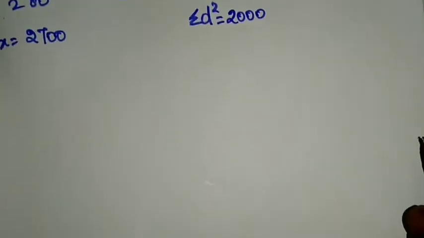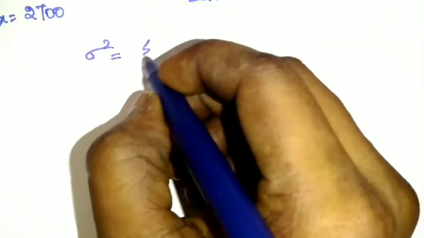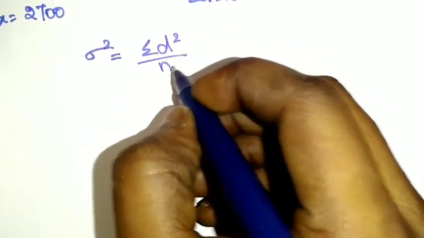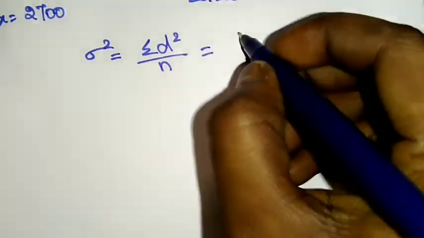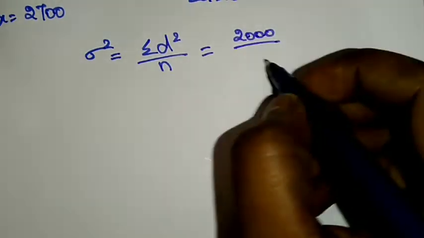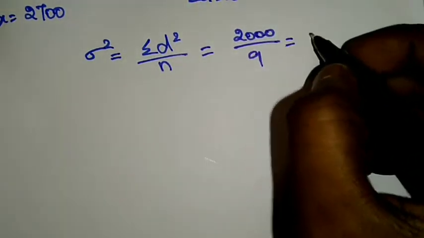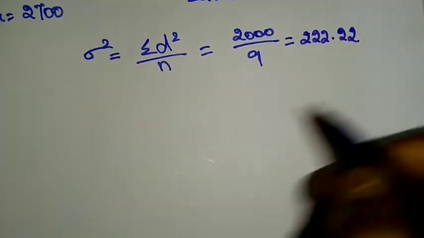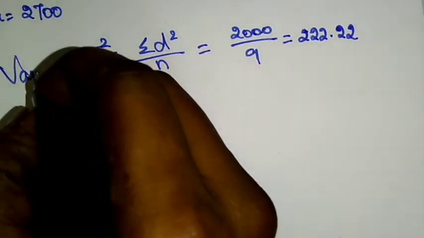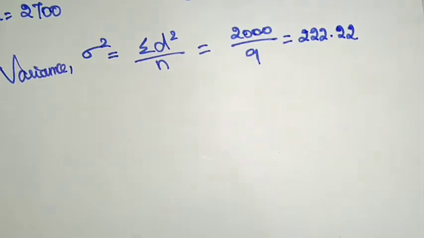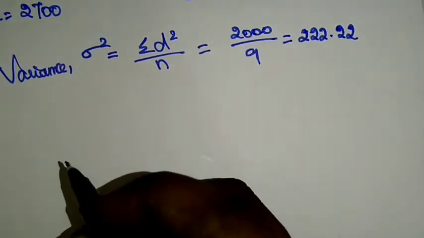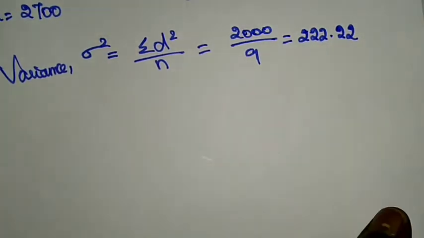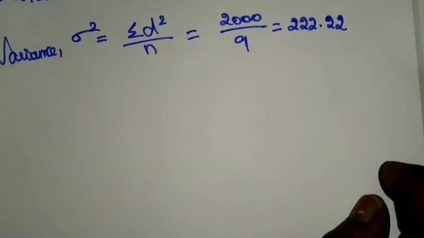Here we know the formula for variance: sigma square is equal to summation d square divided by n. So 2000 divided by 9, we get 222.22. So the variance is 222.22.